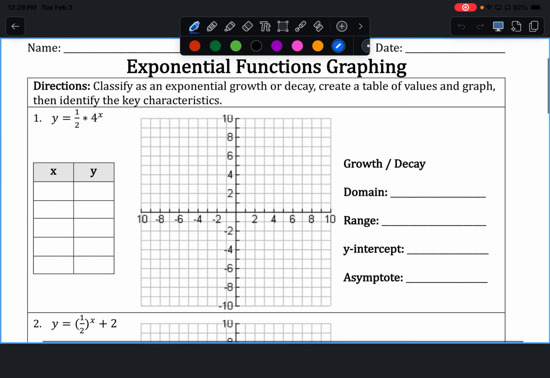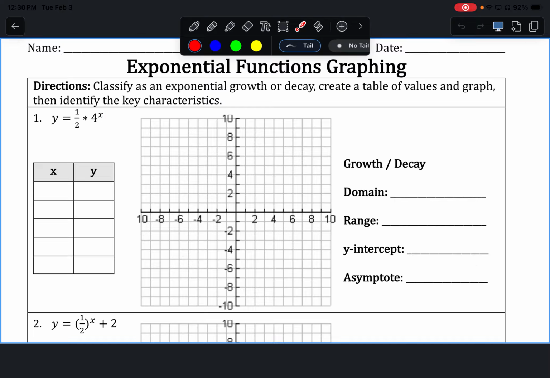So for number 1, what is B? 4, because that's what's being raised to the power of X. So is 4 greater than 1 or less than 1? So that means it's growth or decay? Growth. Okay. Now, is anything being added or subtracted to the end of it? No. So that means our asymptote is y equals 0.